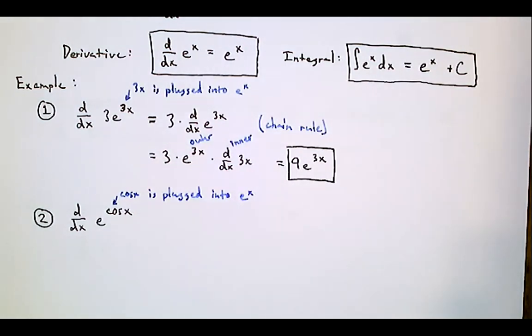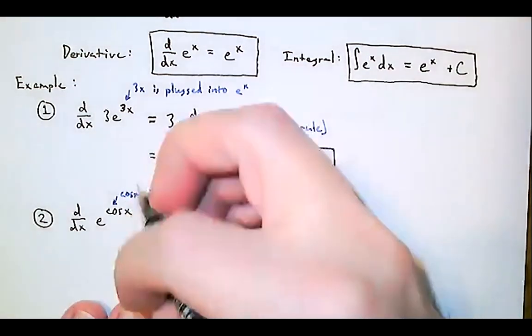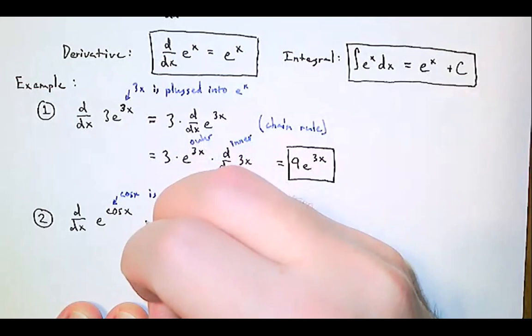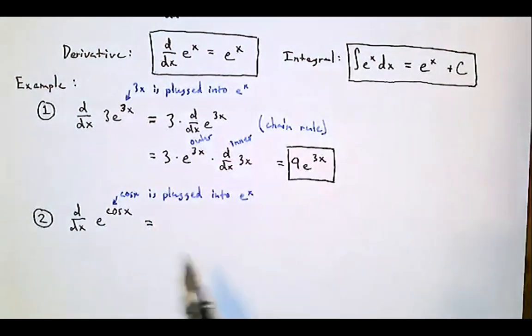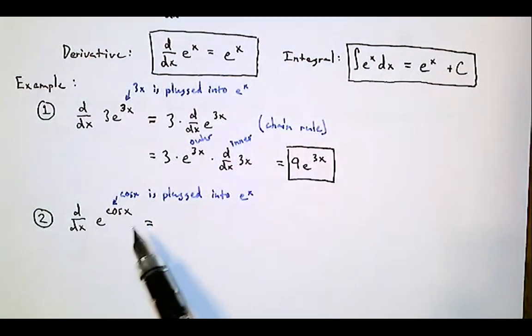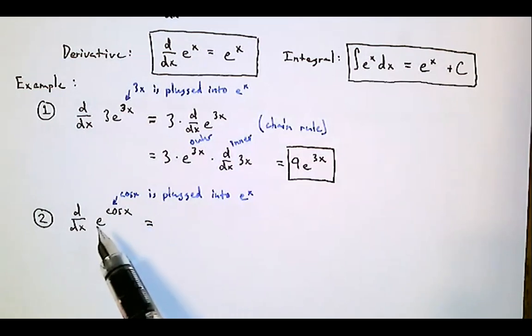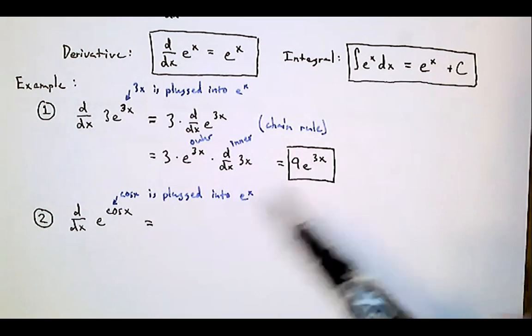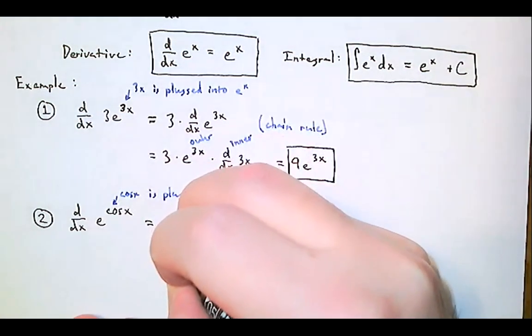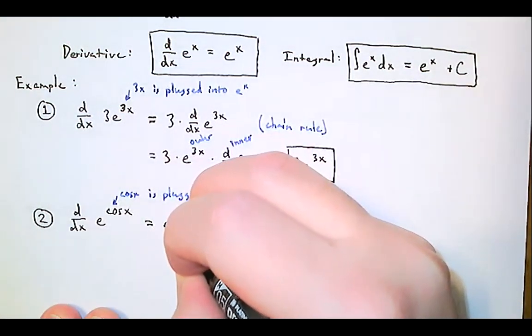So the process is still the same. It's going to be a chain rule problem. The outer derivative doesn't do anything. The derivative of e to the x is e to the x. And we leave the same function plugged inside.